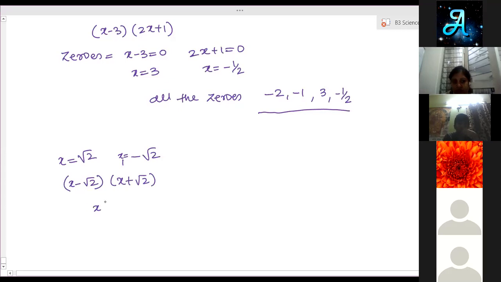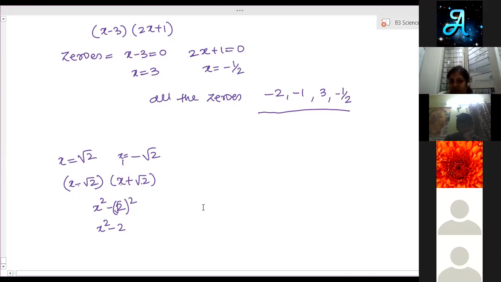What is the product of these two? It is (a − b)(a + b), which is a² − b². So it is x² − (√2)², that is x² − 2. The given polynomial is divided by x² − 2. Although the zeros are irrational numbers, when you find the product you get whole numbers in the polynomial, so it is easier to divide f(x) by x² − 2.